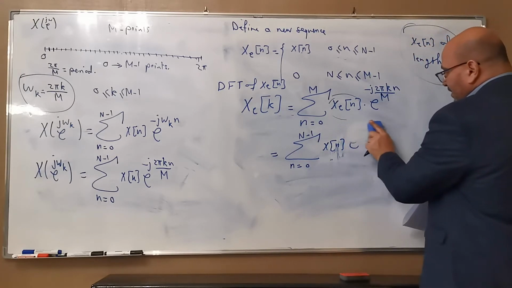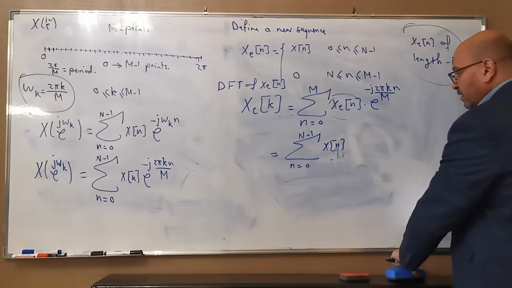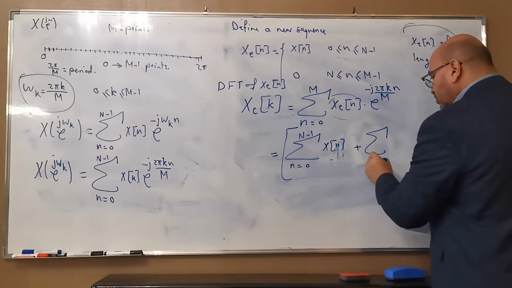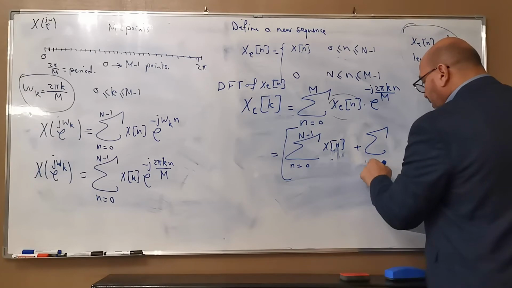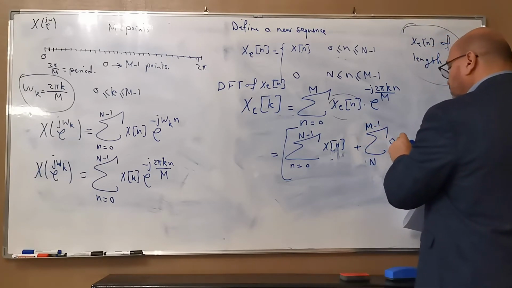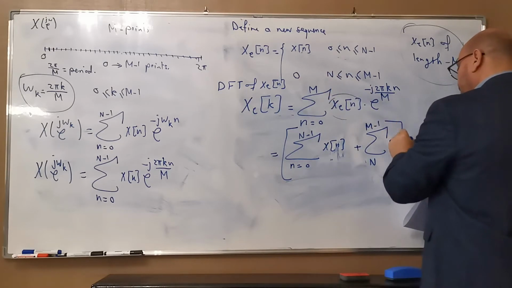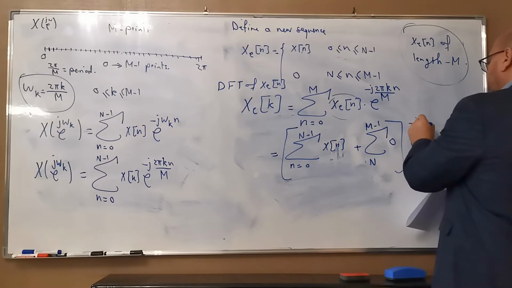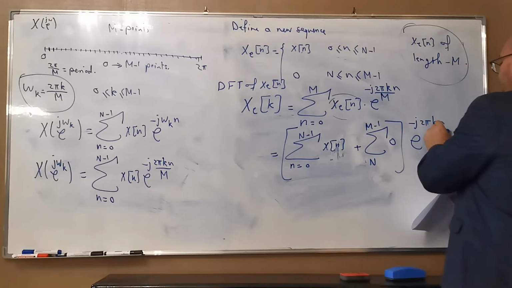And you can put it in a different way. Let me just put it this way. So you have this summation plus the summation from N up to m minus 1 of zeros times e to the minus j 2 pi k n over m.